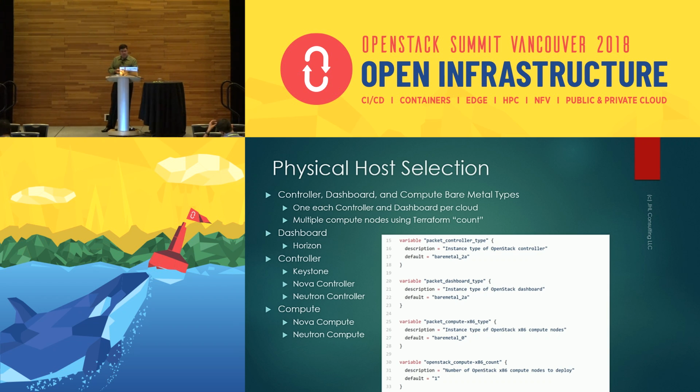And the dashboard is a bare metal 2A as well. Once again, it's one of the ARM systems. The x86 compute is bare metal 0. That's one of the Atom systems. And then the compute x86 count is the number of compute nodes we want to build out in this cloud. So in this case, we set it to 1. But you basically configure that to how big and the type of bare metal that you want.